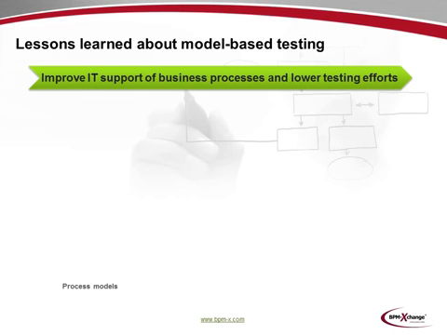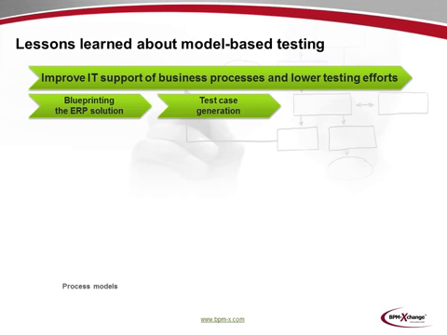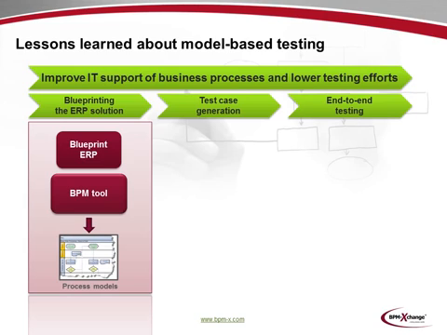Our mission in optimizing complex ERP projects is to effectively improve the support of business processes by increasing the quality of an ERP solution and to lower costs and risks of such a project. The methodology consists of 3 phases: blueprinting the ERP solution, test case generation, and end-to-end testing. In the blueprinting phase, process models are created by using a BPM tool for modeling.